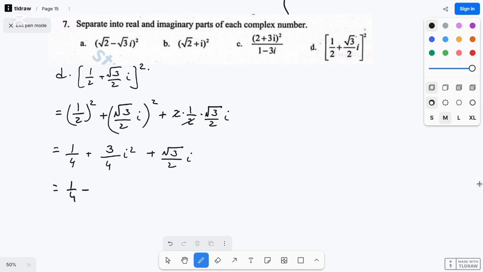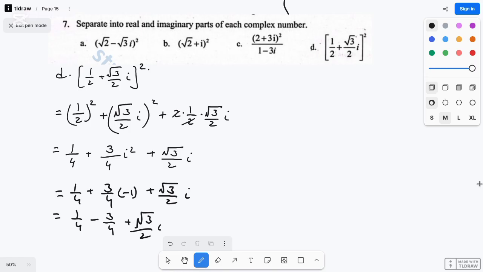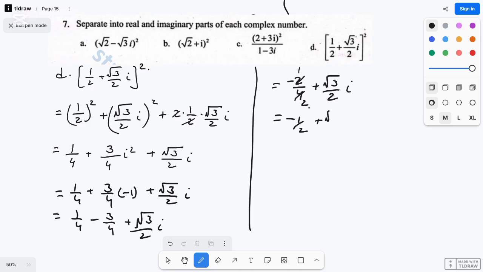Put the value of iota square: 1 by 4 plus 3 by 4 into the value of iota square, which is -1, plus under root 3 by 2 iota, equals 1 by 4 plus into minus, -3 by 4 plus under root 3 by 2 iota, equals -2 by 4 plus under root 3 by 2 iota. Simplify, and this is equal to minus 1 by 2 plus under the root 3 by 2 iota.